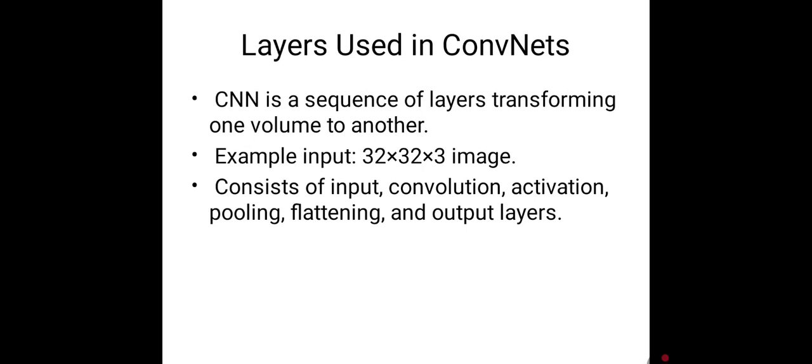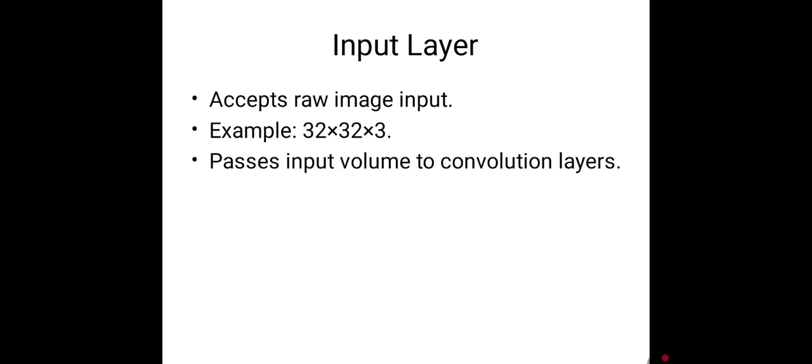Each layer plays a specific role in extracting and learning different levels of features. Next is the input layer. The input layer simply receives the raw image, for example a 32 cross 32 into 3 input, and directly feeds it into the first convolutional layer. Its job is to pass the input image volume to the network without modification.